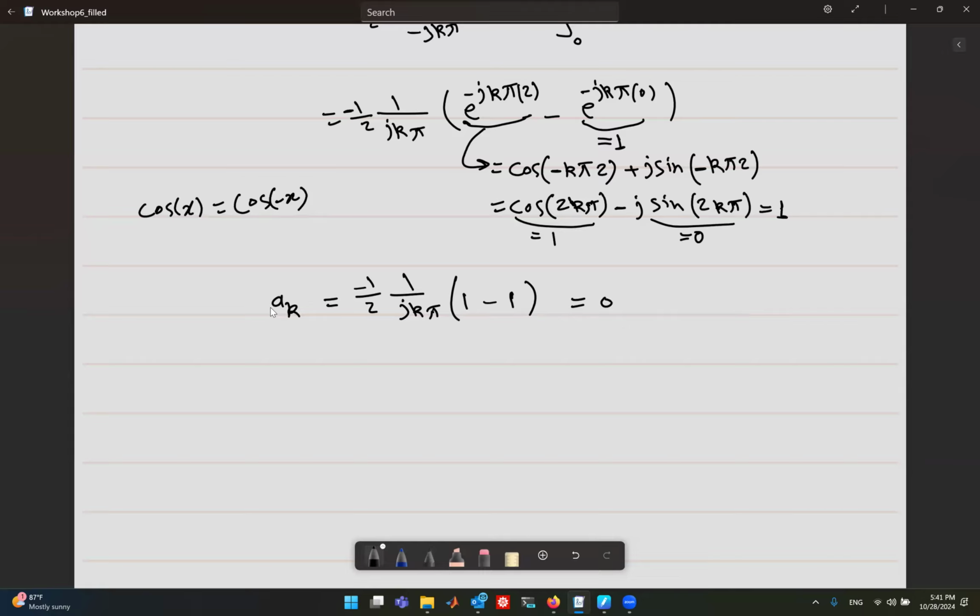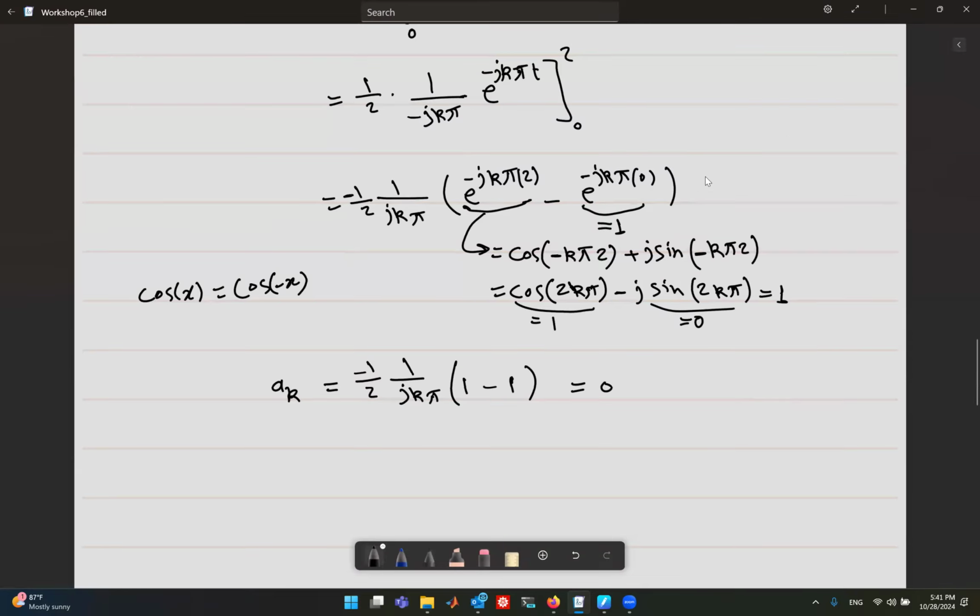But we are not sure yet if this also applies, from this equation. We cannot tell if this applies to the case when k equals 0, right? When k equals 0, we will get 0 divided by 0, right?